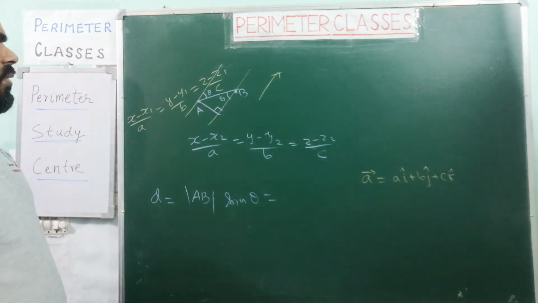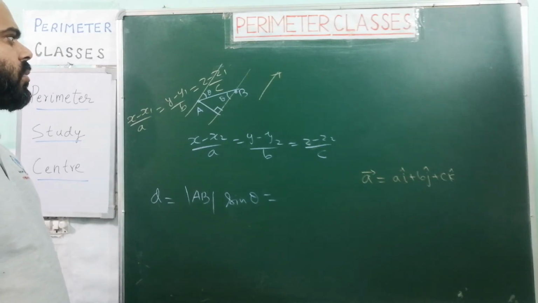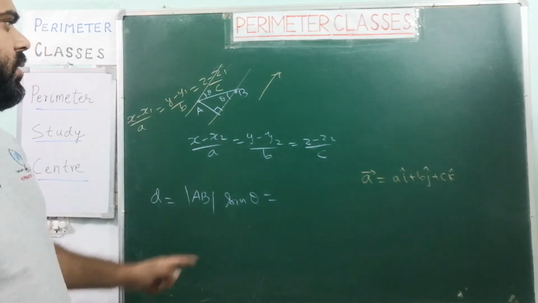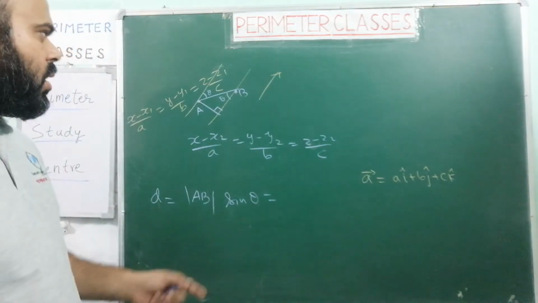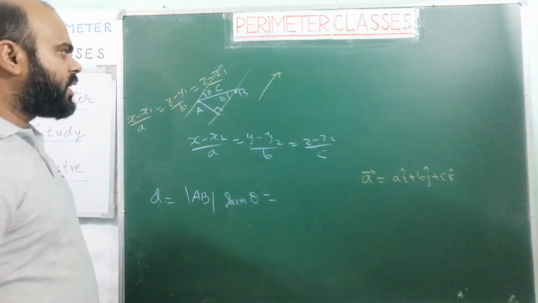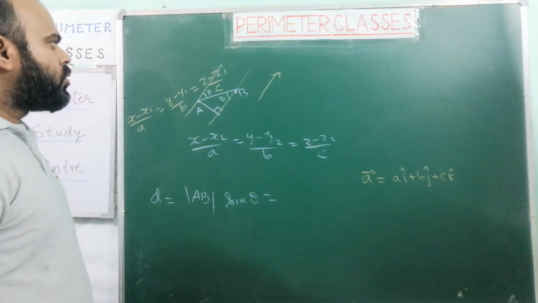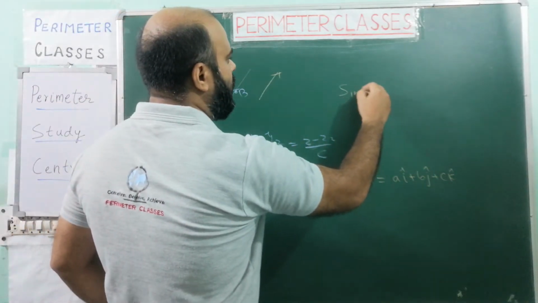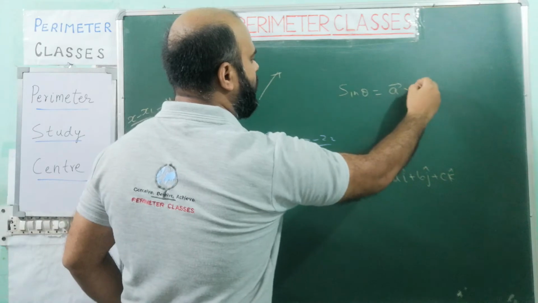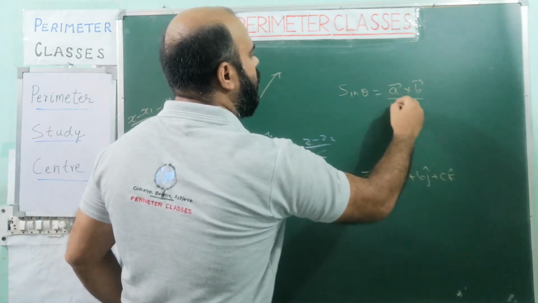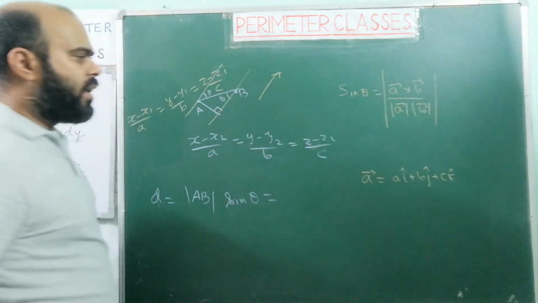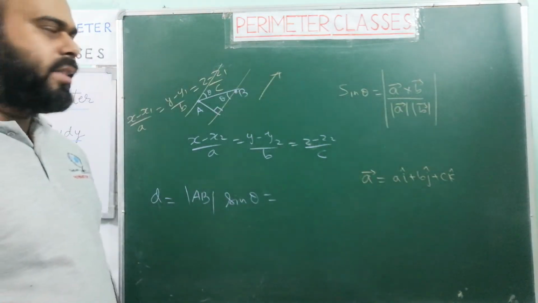And another vector, whose cross product with A will give sine theta. So sine theta is actually, if we take the cross product of any two vectors, A cross B by mod of A into mod of B, and we take the mod of the whole like this.